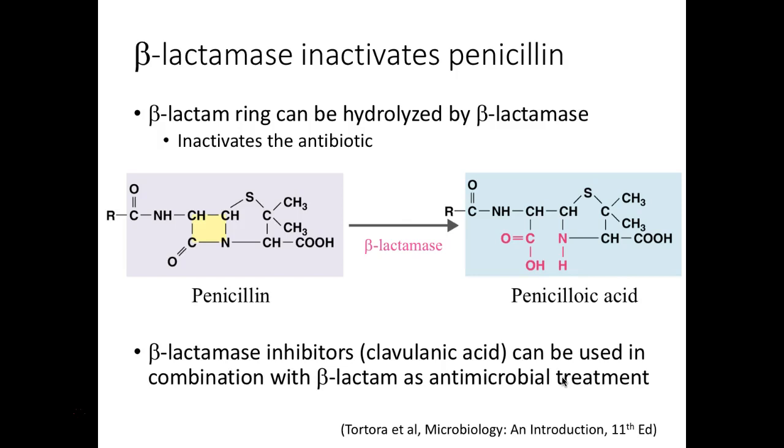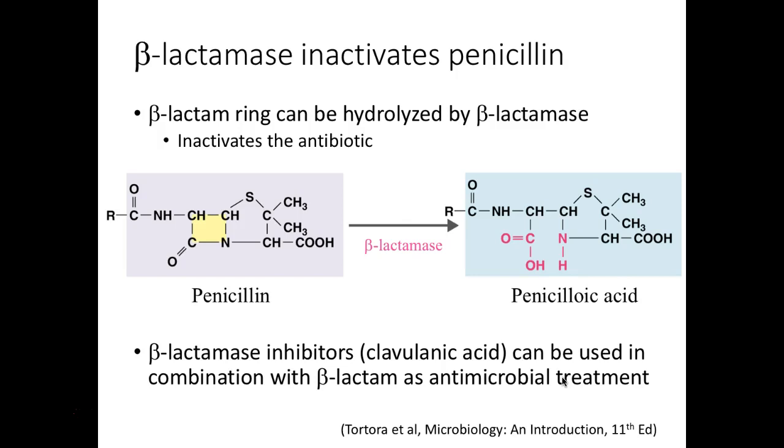Got this lovely ring structure right here. Classic for beta-lactams. In other words, what do these target? What is the target of the beta-lactams? Penicillin-binding proteins, and they block what? Cell wall synthesis.